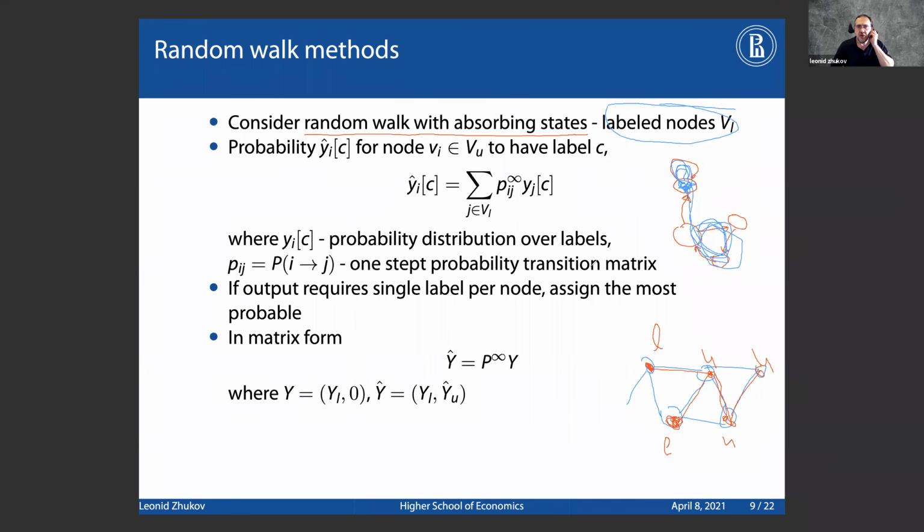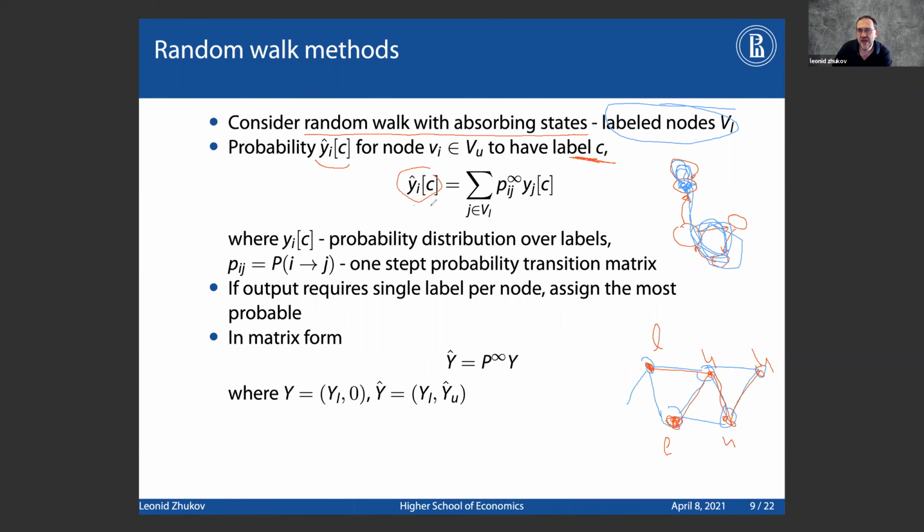Here is the main assumption of the model. The probability for a particular node to have label C is given by the following formula.